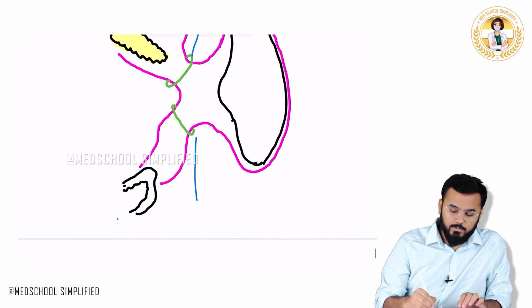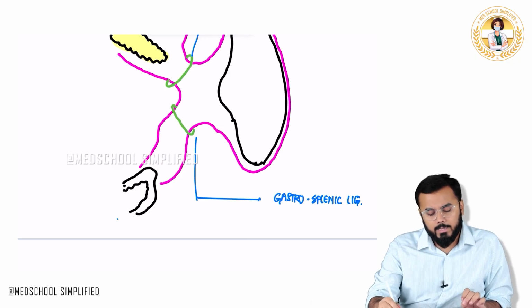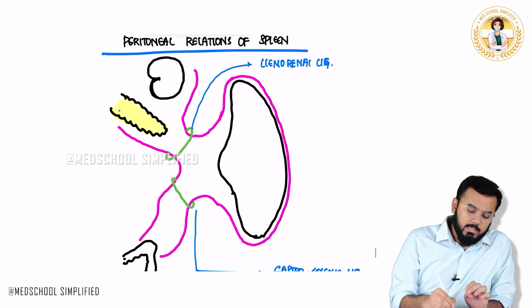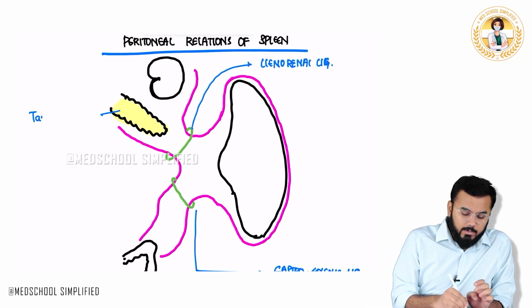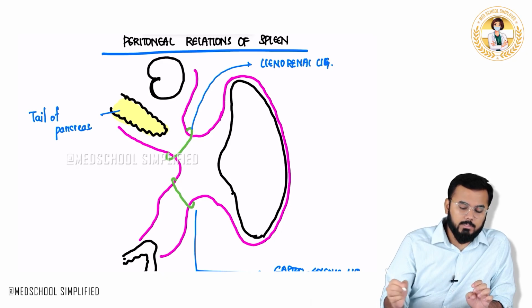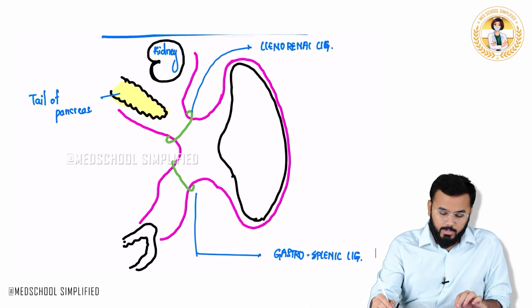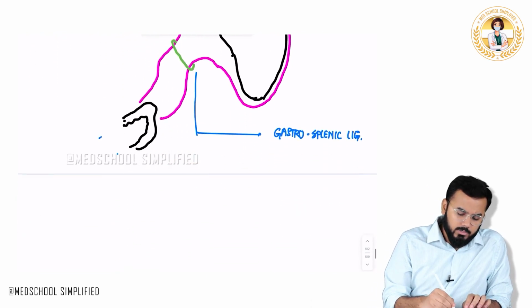And this part over here is called the gastrosplenic ligament. And obviously this is your tail of the pancreas, and this is your kidney. And here this is your stomach.